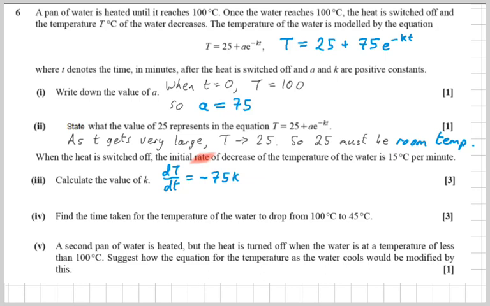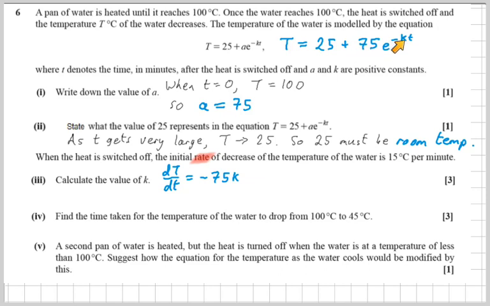Now, let's think about how that works. If you differentiate 25, it disappears. If you differentiate this term, when you do e to the power of something and differentiate it, you just basically multiply the whole thing by the derivative of this bit here. So it's going to be minus k. So if that was e to the power 3t, you'd bring the 3 down to the front and times it by the 75.